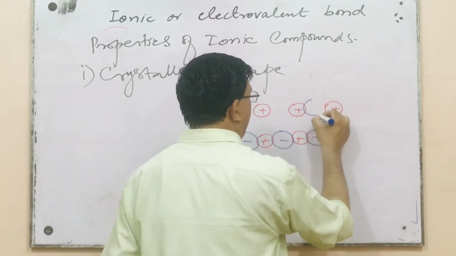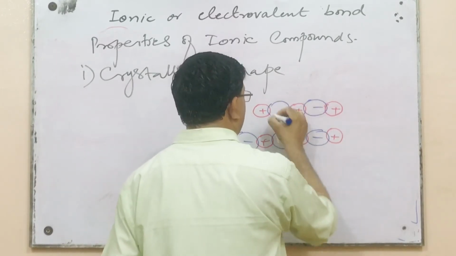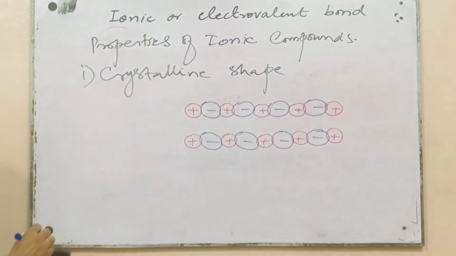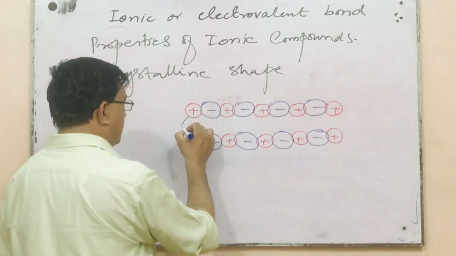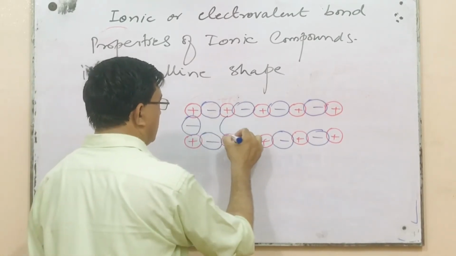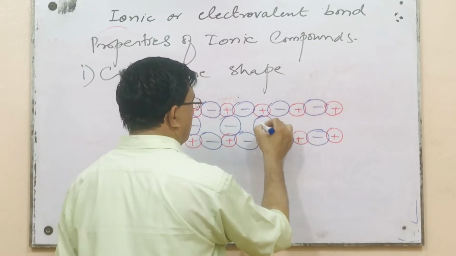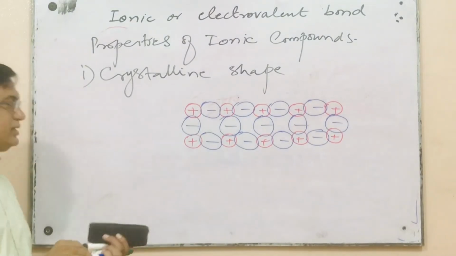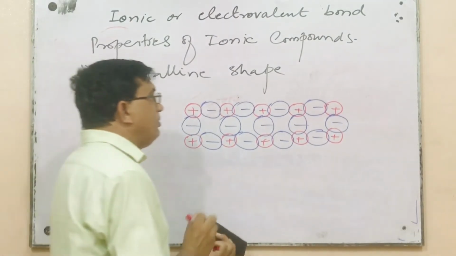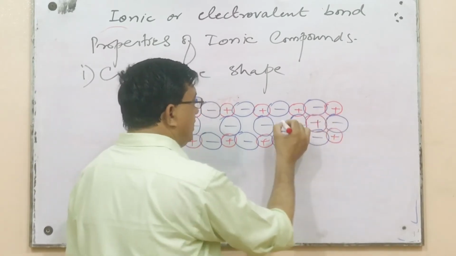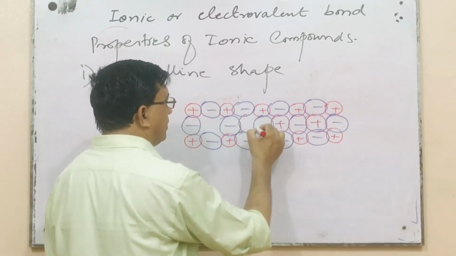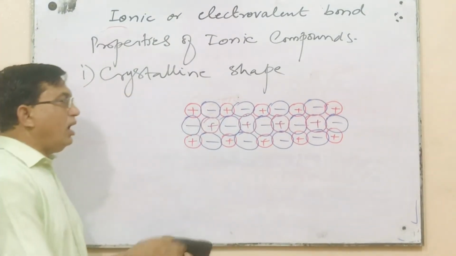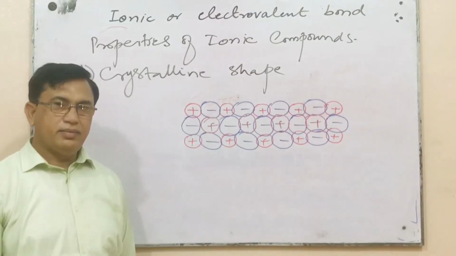These are anions. These anions will also be present just like this, and then cations will be present alternatively in between them, so that the electrostatic force of attraction remains all the time between cation and anion.